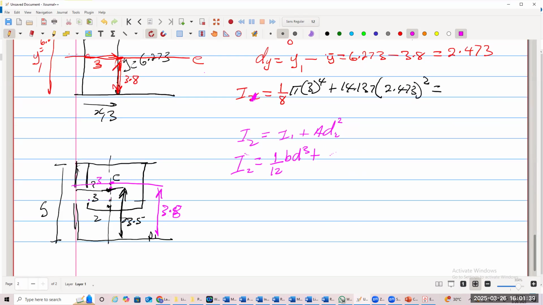Just work with 12, because there's no such thing as negative area, so you work with positive 12. But what is the D now? The D is going to be 3.8 minus the centroidal distance, sorry. So it's going to be YC minus Y2, squared. You got what I'm saying? You follow?